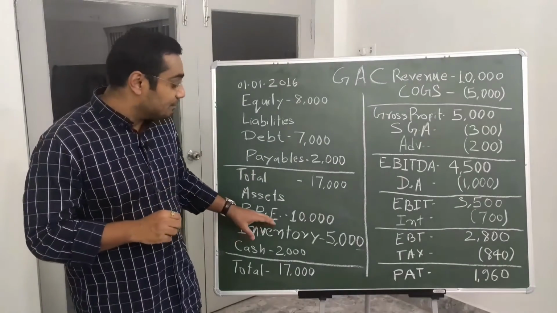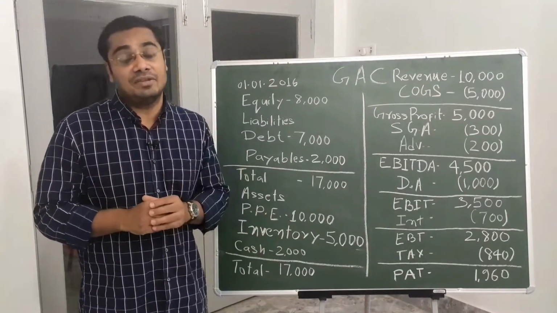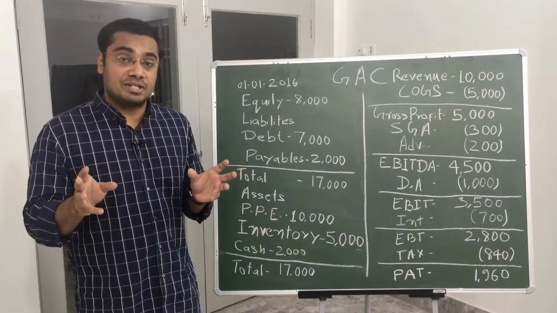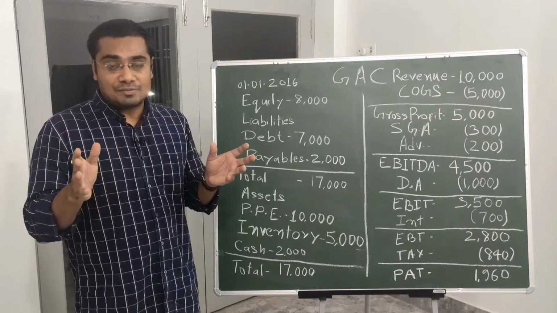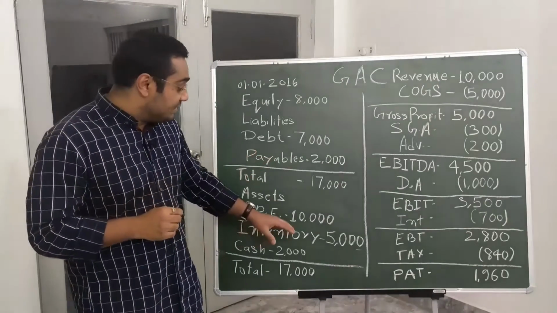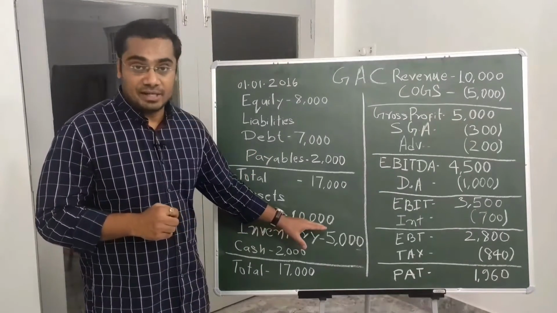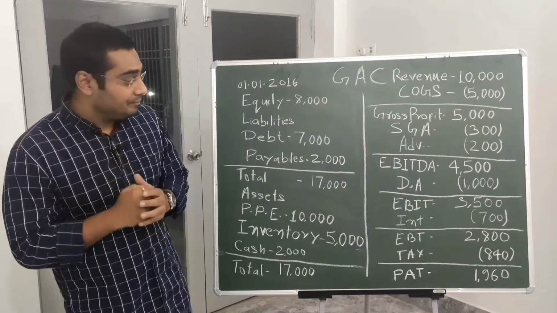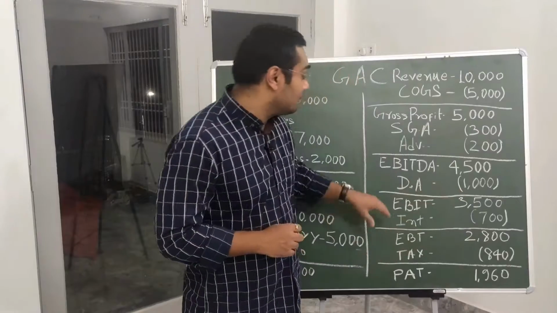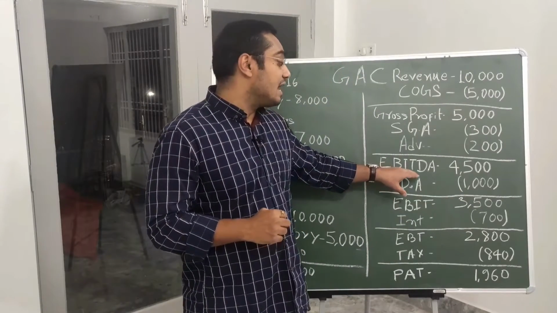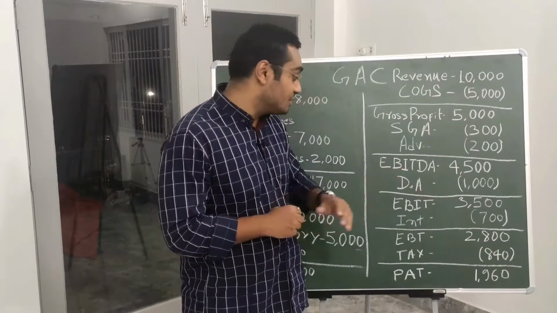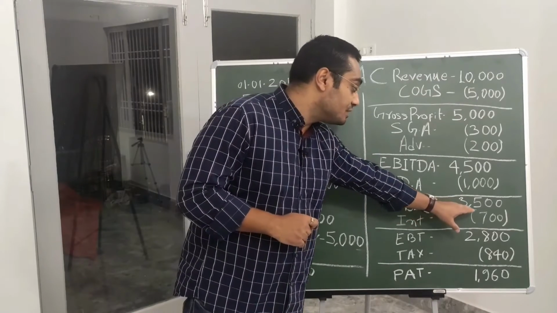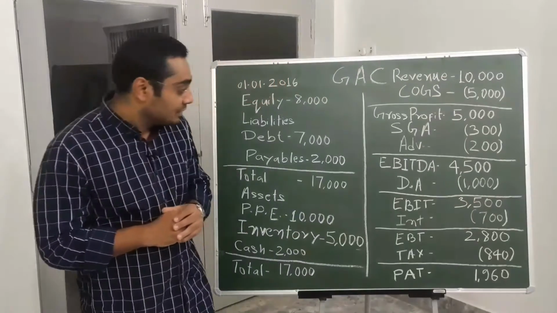Assuming that the life of this property, plant and equipment is 10 years and the company uses the straight line method to calculate the depreciation amount, for the sake of simplicity, then 10,000 divided by 10 gives us a depreciation amount of 1,000 for 1 year, which we have deducted here from our earning before interest, tax, depreciation and amortization, which gives us our earning before interest and tax, which is equal to 3,500 rupees.